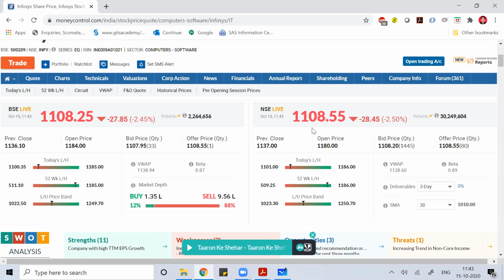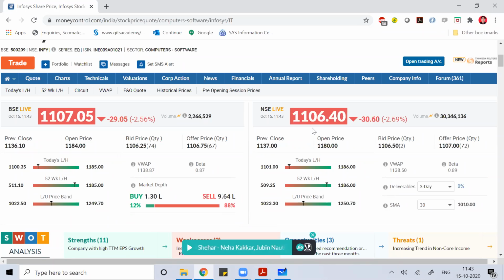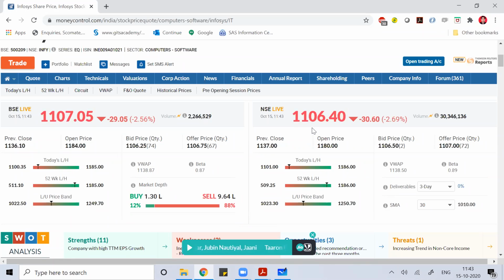So we need to track the news happening around the world, because our Indian stock market closes around 3:30, and only after that does the US market open. So whatever is going to happen in the US market today is going to affect our market tomorrow.